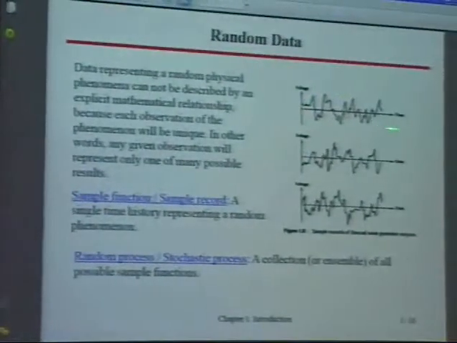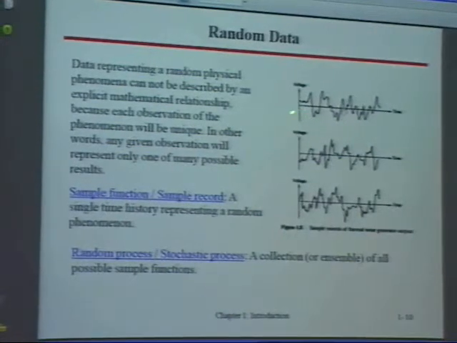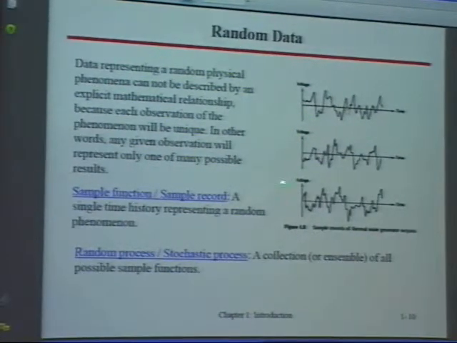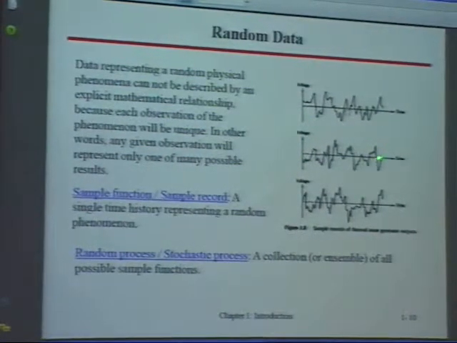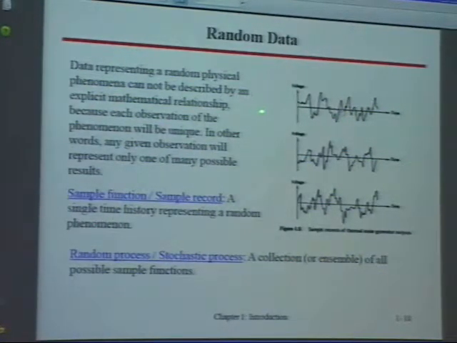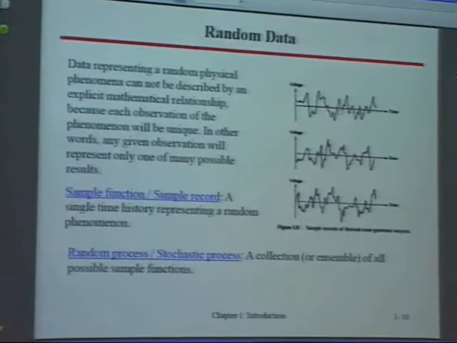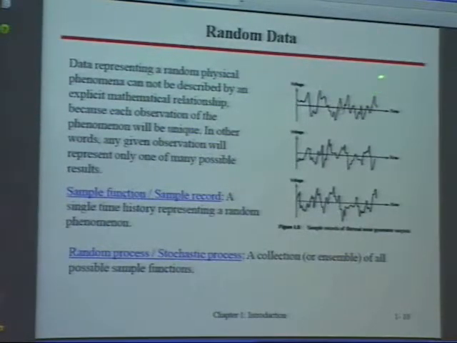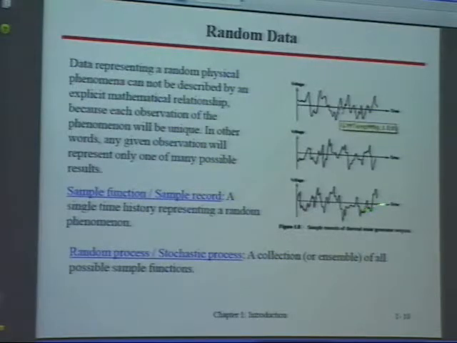Ergodic data, you are dealing with one time domain signature at a time. One time domain signature at a time. You can compute the statistical parameter for this time domain signature, for that time domain signature, vice versa.